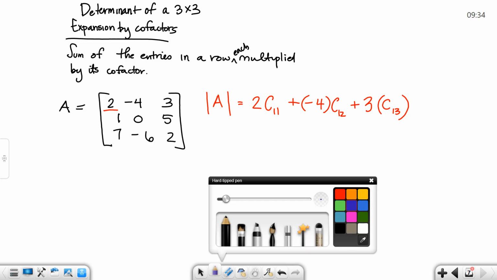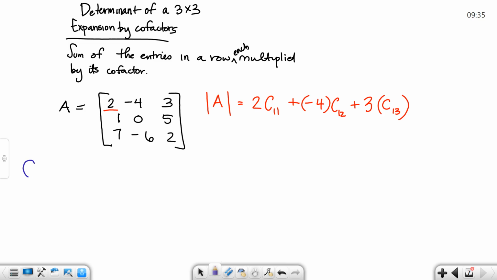So now that we've done a few, I'm going to go a little faster with it. C11: I take out the first row and the first column, and that leaves me with 0, 5, negative 6, 2. We'll fix that in just a second.